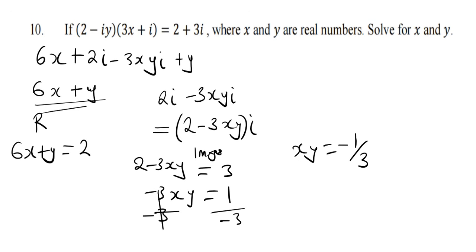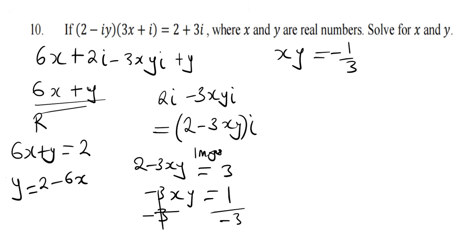Then we can also get this other one simplified. Let's make y the subject of the formula. y will be equal to 2 minus 6x. If y is equal to that, we can replace where y is. Let me write it on top: xy is equal to negative 1 over 3. So when I replace y, we're saying it is x times (2 minus 6x) is equal to negative 1 over 3.